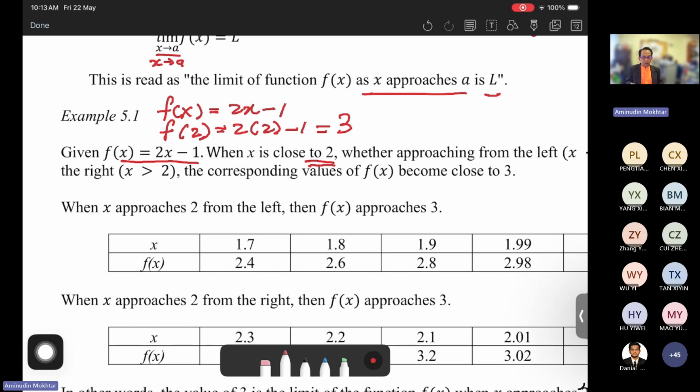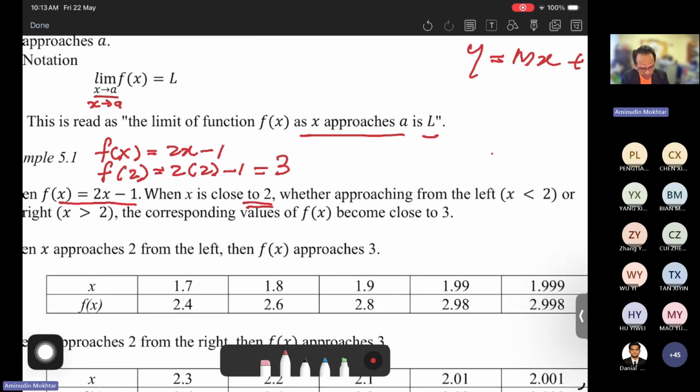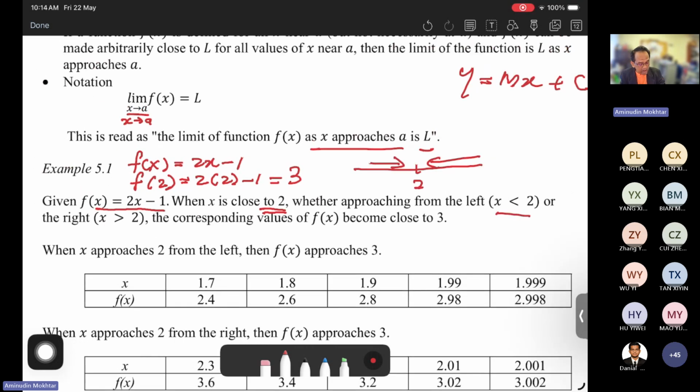When we talk about x approaching 2, let's say we can draw this number line. When x approaches 2, x can come from the left of 2 or from the right of this number. In other words, x can approach from the left, from the area of x less than 2, or from the right, from the area of x greater than 2.